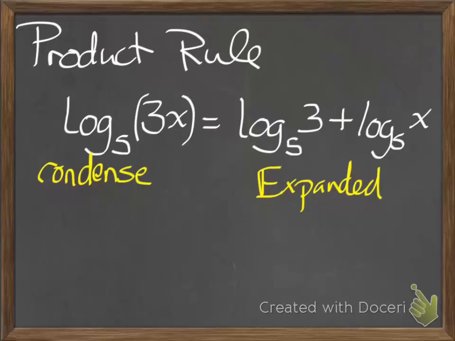The expanded form is when we separate everything apart. The condensed is when you have one log, just one log, and everything else is spread apart. Remember, they had the same base because this number matches. That's important. That number has to match all the way across.